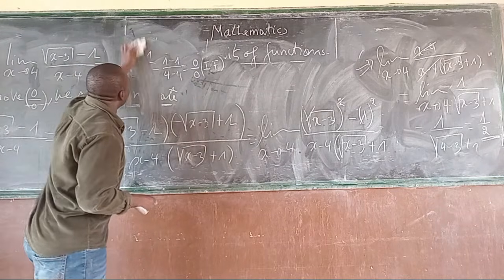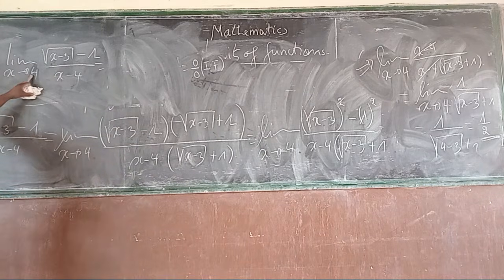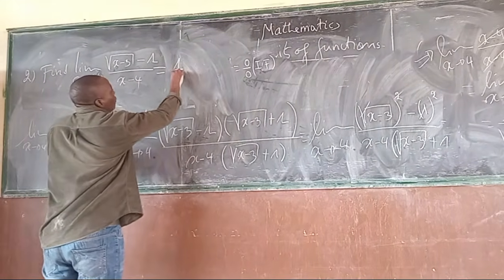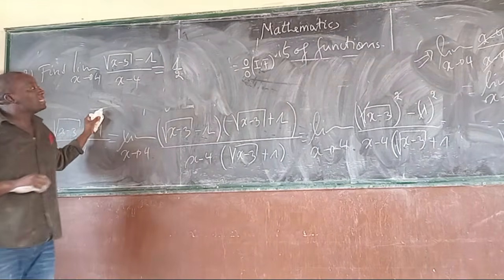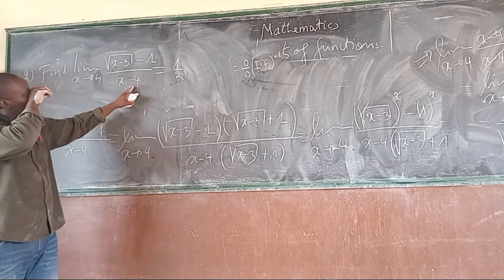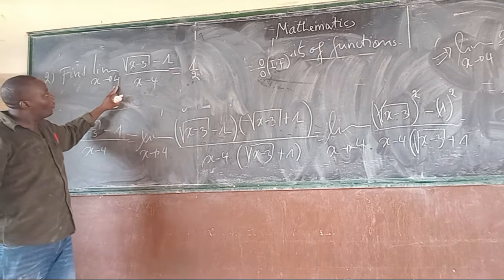Here I can say that the limit of my given function where x approaches 4, this limit equals how many? Equal to 1 out of 2. This is what we call the maximum value of my given function where x equals 4.